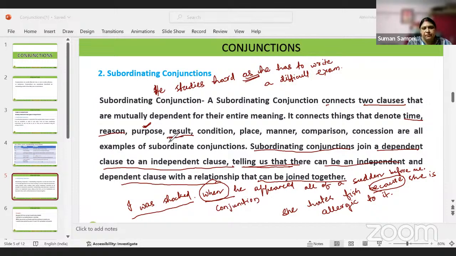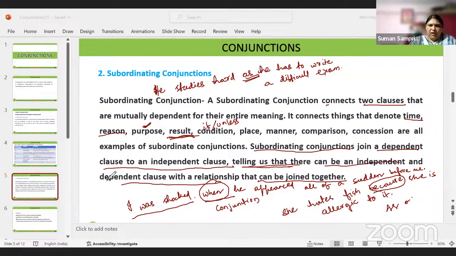Result. So like we write as a result. Okay. So then condition: if or unless. She cleaned the house as some guests were coming to her house.